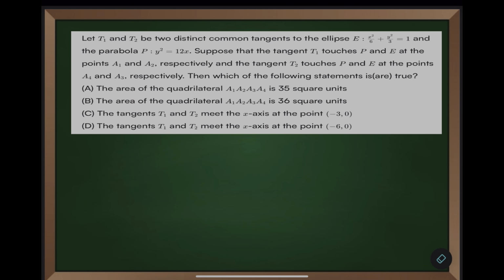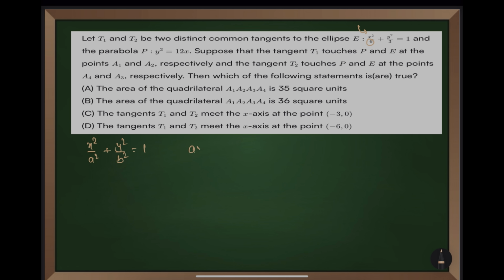So we got this illustration. Let T1 and T2 be two distinct common tangents to the ellipse. Look at this ellipse. Going through the basics, x square by a square plus y square by b square is equal to 1.